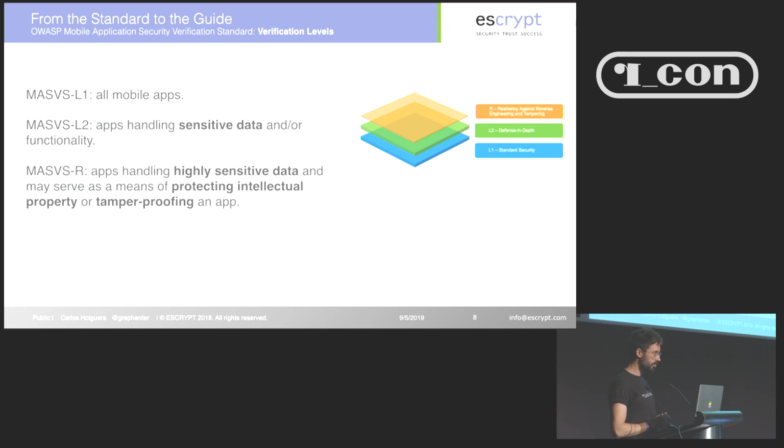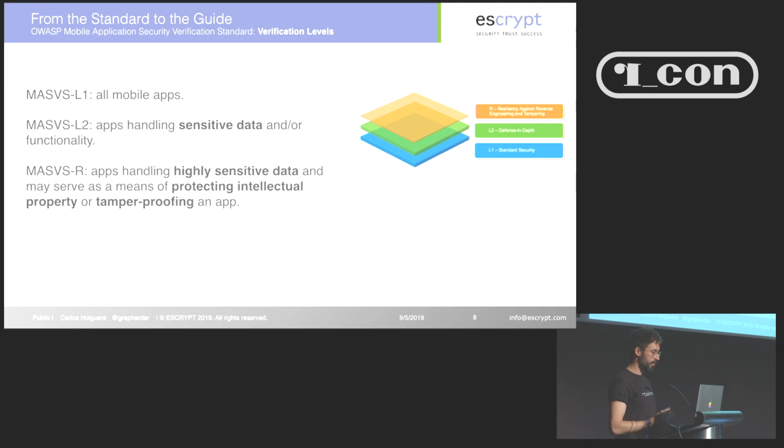So about these levels, level 1 is for almost every app. Still, you will have to look if they apply to your app. If you just have a flashlight app, probably you won't need many security requirements. Still, you will have to prove, for example, that it is not accessing the internet or something, and that's a security requirement.